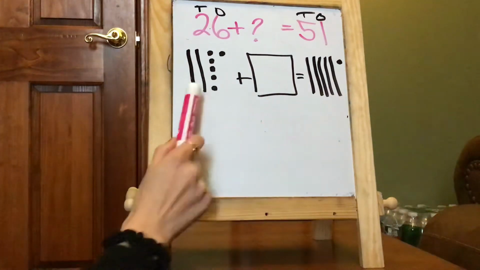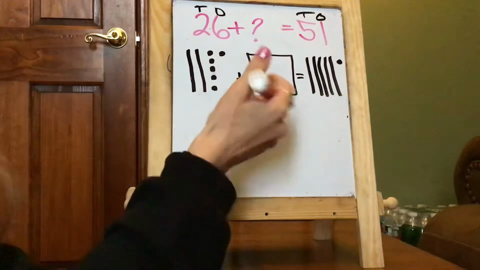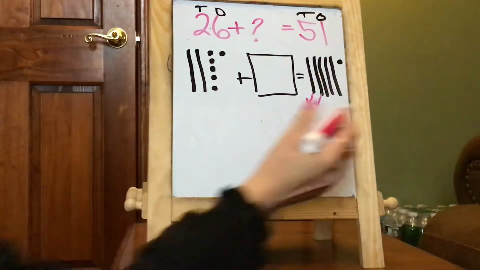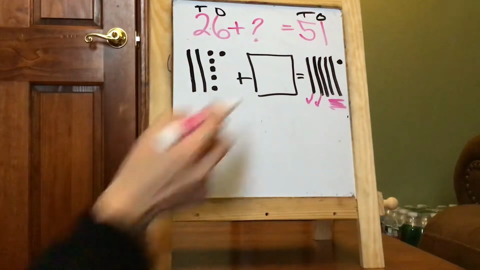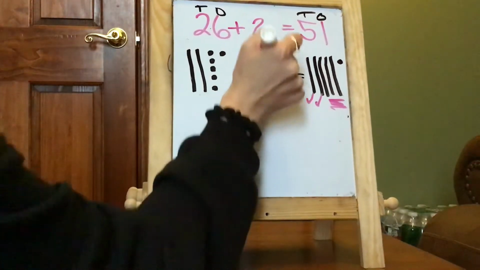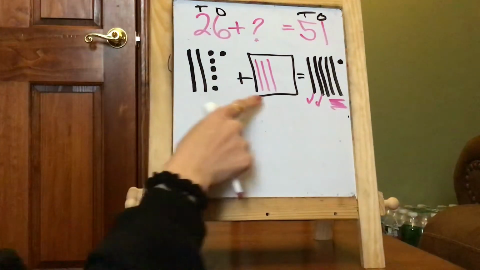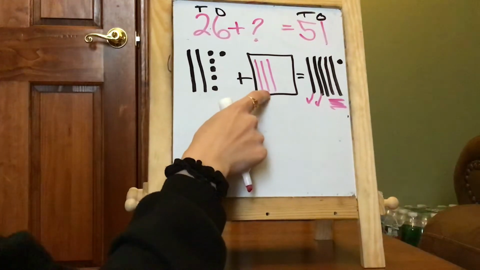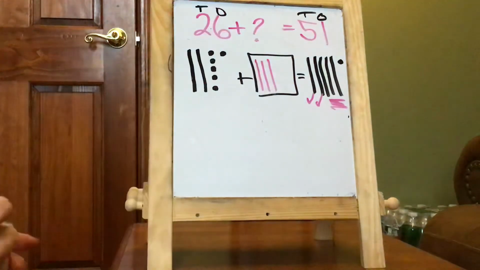Now using base tens, you can kind of visually look at the picture and you know, well, we have 2 tens. Some students might say we need 3 extra tens. If this were true and you added 26 plus 3 tens, 26, 36, 46, 56, that would be more than our sum.